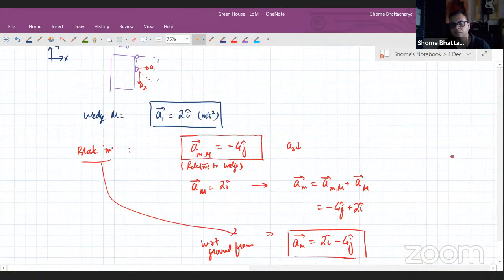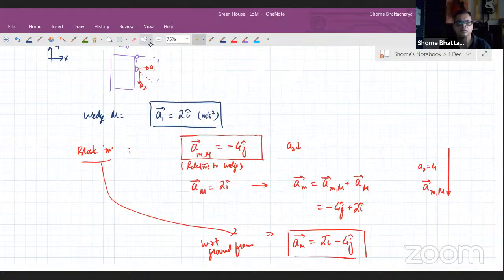So what is happening is that this is A2 equal to 4. This is the acceleration of the block with respect to the wedge. This is on this side. And this is the acceleration of the wedge in the ground frame.